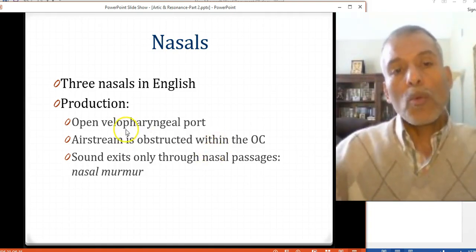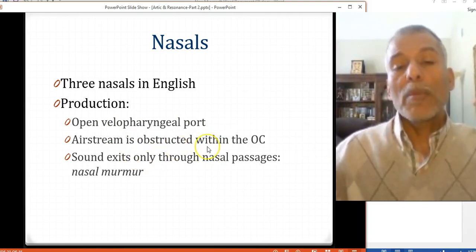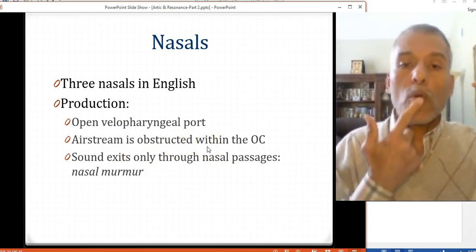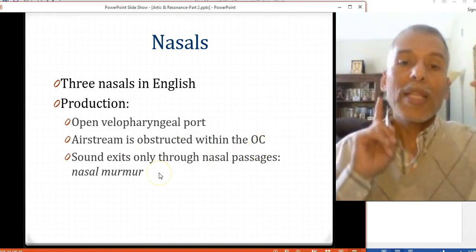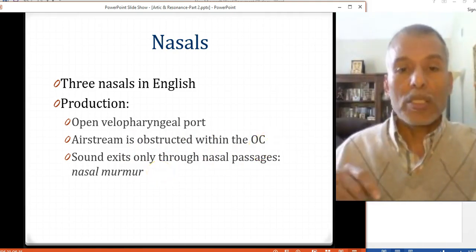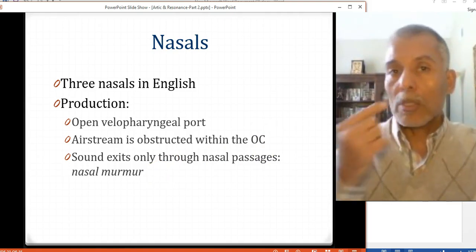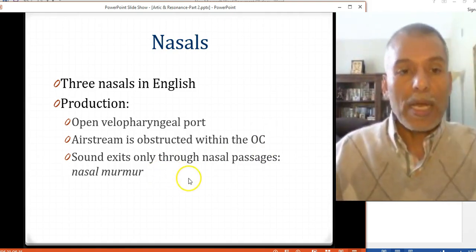And so it requires an open velopharyngeal port, and the airstream is obstructed somewhere in the oral cavity. OC means oral cavity. And the sound exits through the nasal passages, through the nostrils. That makes the three nasal sounds.